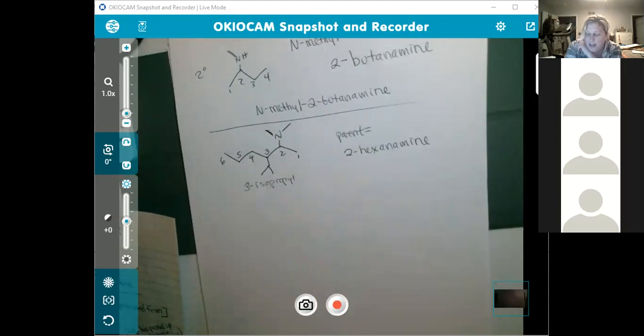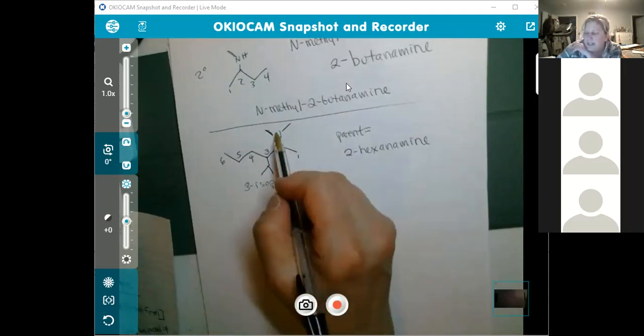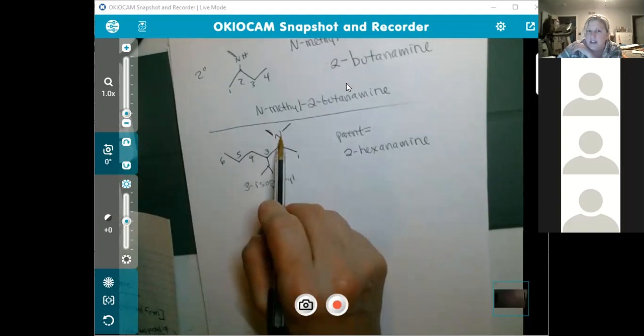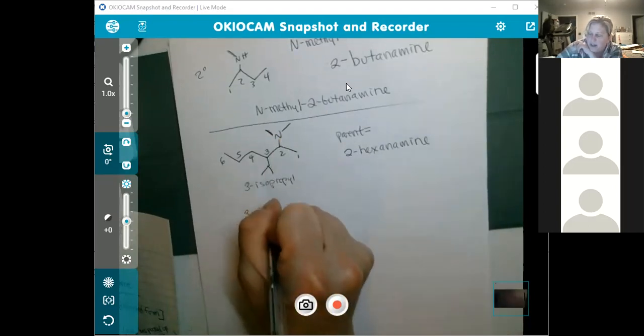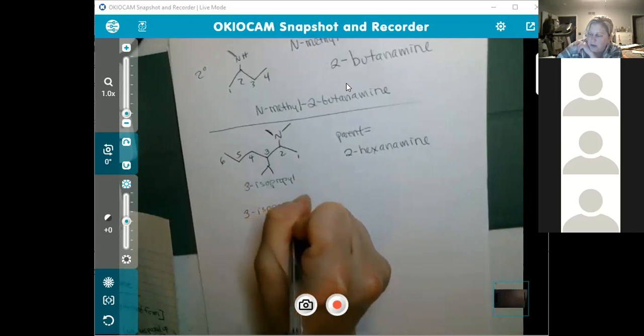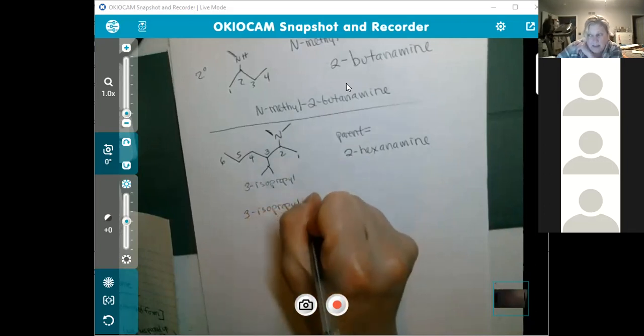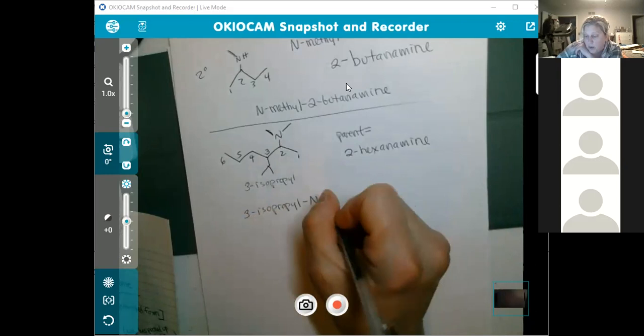You're absolutely right, except you need capital N's. You're perfect, but it needs to be capital N's, okay? So this is going to be an N,N-dimethyl. So it's going to be 3-isopropyl. I require capital N's.